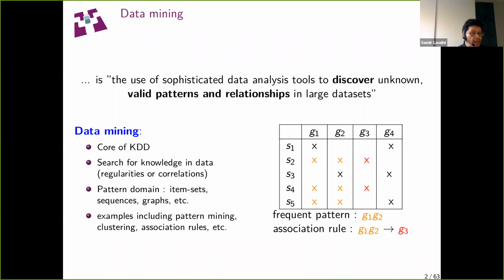Sequential pattern mining is another topic of data mining concerned with finding relevant patterns between data represented as sequences. Other forms of data can be considered, like trees, graphs, etc. In this lecture, I will focus mainly on the item set mining task, but there exist plenty of other tasks of great interest with different applications, like clustering, association rules mining, etc.